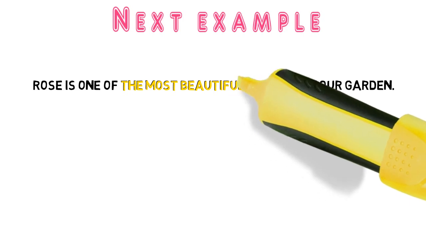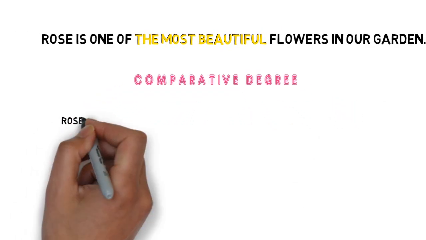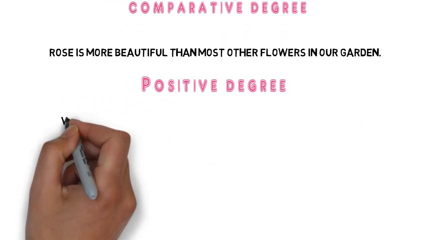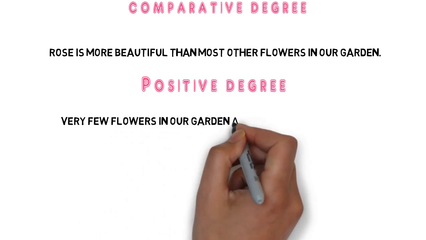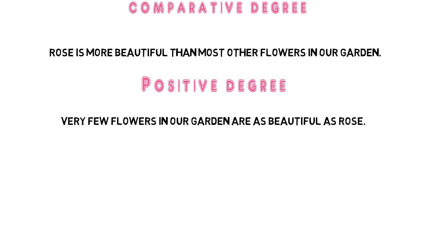So we have to change this sentence into other two degrees. First of all, we shall try to write it into comparative degree. Rose is more beautiful than most other flowers in our garden. And positive degree, very few flowers in our garden are as beautiful as rose. So this particular difference must be kept in your mind.